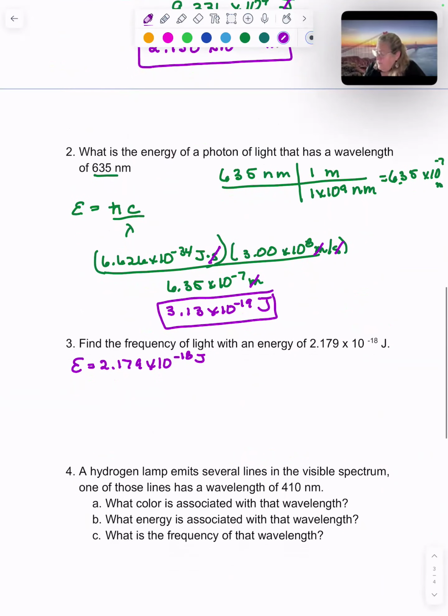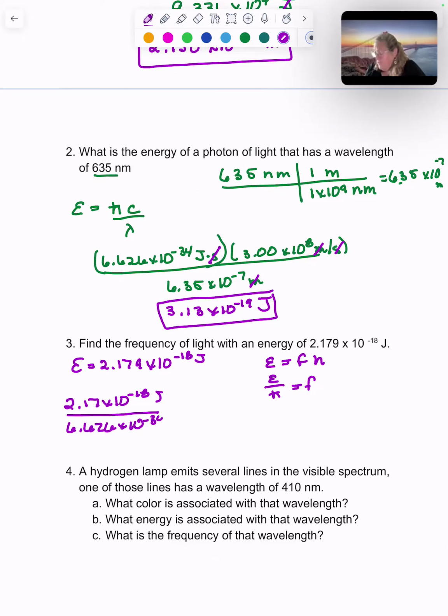So if energy is frequency times Planck's constant, I can take my energy divided by Planck's constant, and that's going to give me my frequency. So I'm going to take my energy, 2.17 times 10 to the minus 18 joules. I'm going to divide that by Planck's constant, 6.626 times 10 to the negative 34 joule seconds.